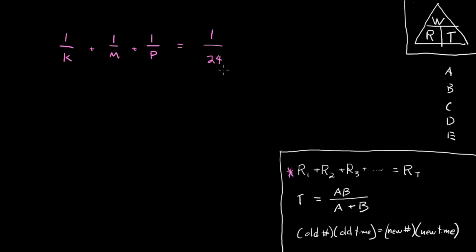So we've got one equation, three variables. What's the variable we care about? Well, they're asking us, how long does it take machine K working alone at its constant rate to complete the task? So this is the variable we ultimately want. Because that number does represent how much time it would take K to do a single job.